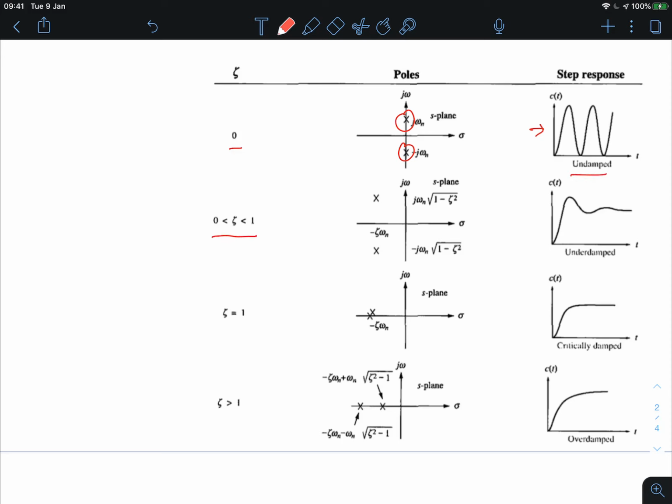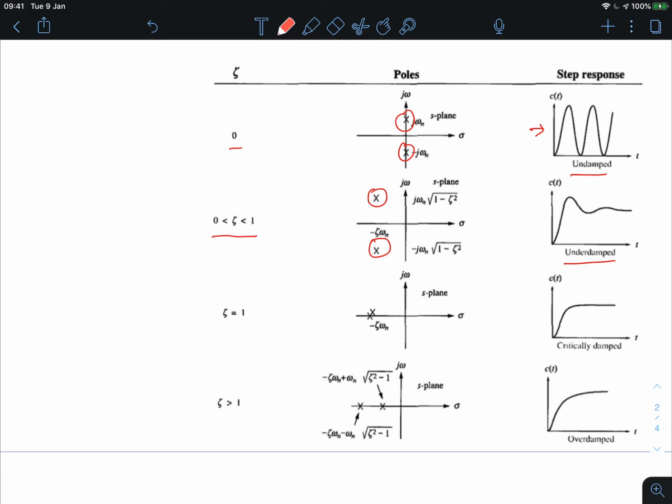Now if xi is lying between 0 to 1, we have a pair of complex conjugate poles located on the left hand side, whose real value is given by minus xi omega n, and the imaginary value is given by j omega n square root of 1 minus xi square. We define this as the underdamped response.